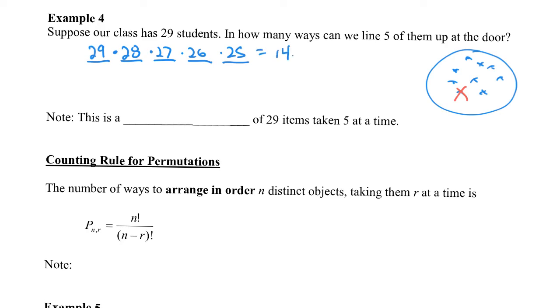So this is 14,250,600. So in a classroom of 29 students, there's more than 14 million ways to just line up 5 of them at the door. And the note here is this is a permutation of 29 items taken 5 at a time.